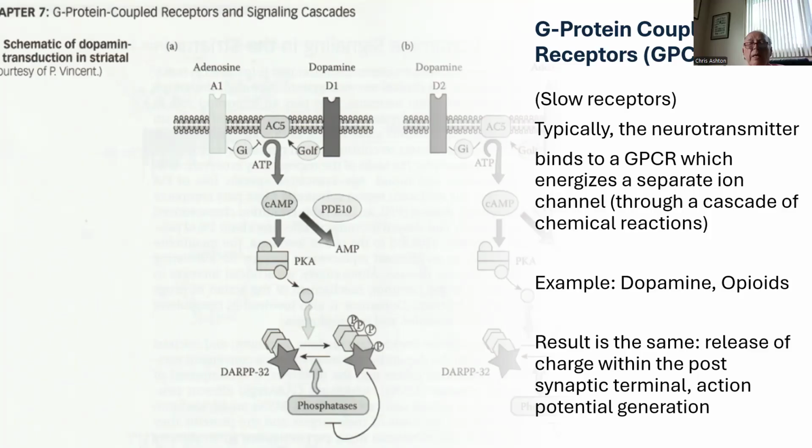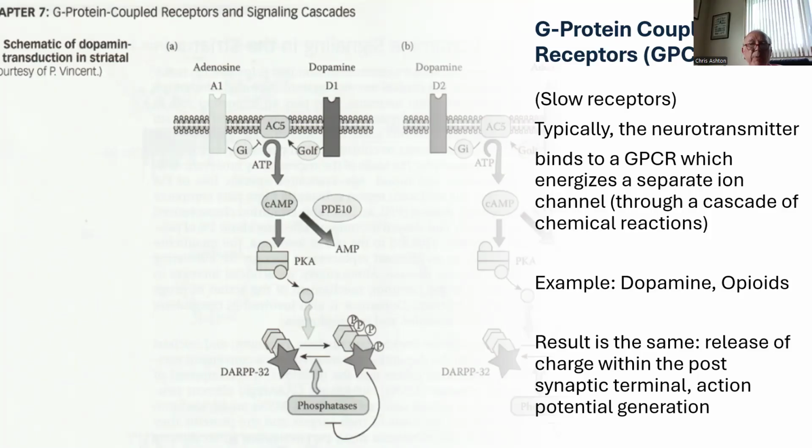We know that there's an increase of dopamine in the synaptic cleft because reuptake is blocked. The reuptake transporter is blocked by cocaine, so there's lots more dopamine flowing around. Those dopamine molecules actually act on G protein coupled receptors.